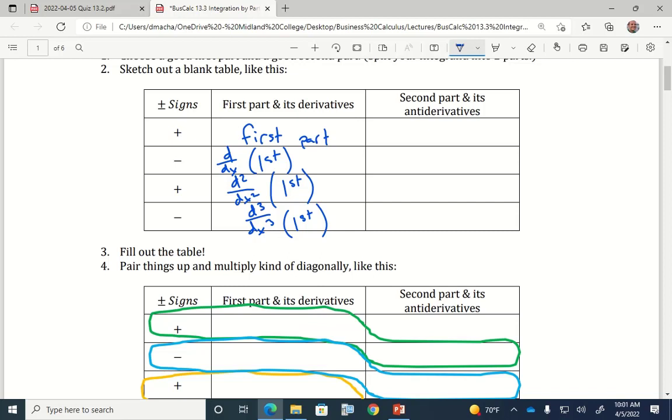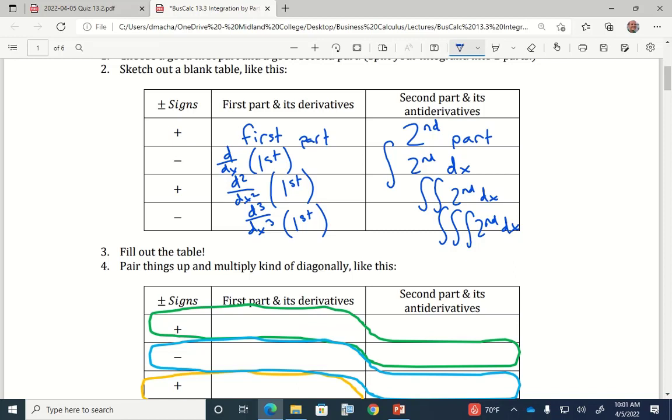And then in the third column of my table, I'm going to take the second part and write that right here. And then I'm going to take the antiderivative of the second part and write that below that, and then the second antiderivative of the second part below that, and then the third antiderivative below that. And I keep going as many times as I need to go.